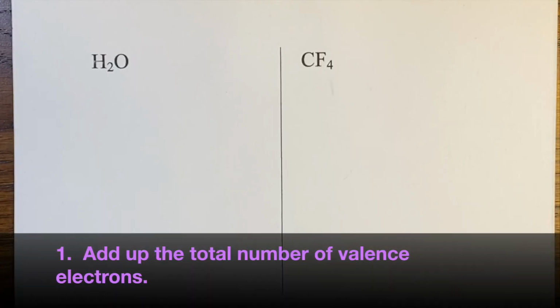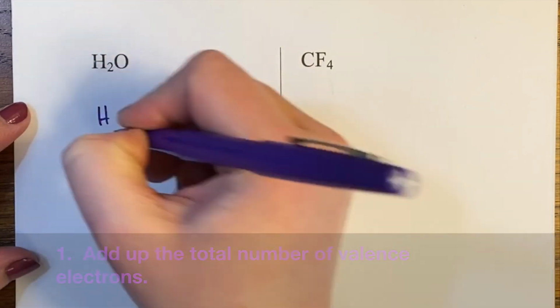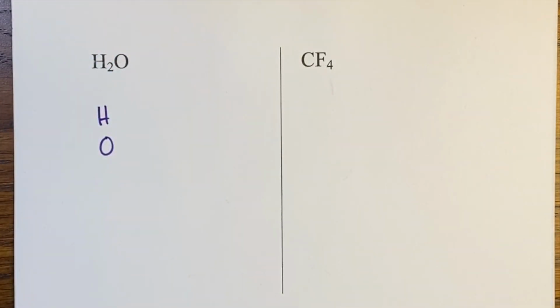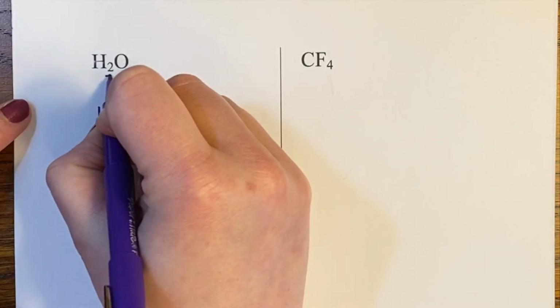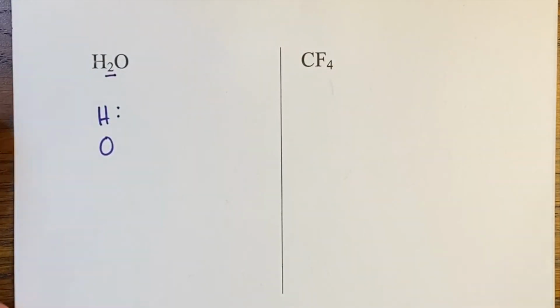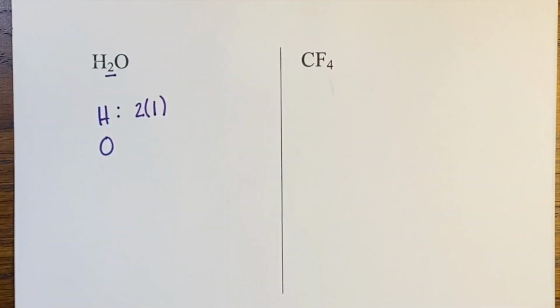So when it comes to adding up the total number of electrons, the atoms that we have are hydrogen and oxygen. And so each of those atoms are going to contribute a number of valence electrons. When it comes to the hydrogen, we have 2 of them that we will need to account for. And so we'll have 2 hydrogens where each of them will bring 1 valence electron to the structure.